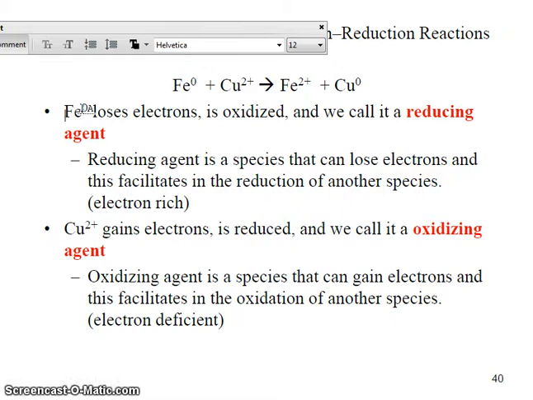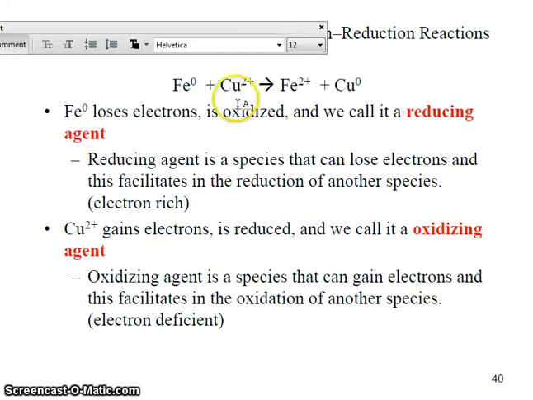That means it itself goes through oxidation, but it reduces other materials around it, and hence you would call it a reducing agent. So a reducing agent can be defined as a species that can lose electrons, go through oxidation, but facilitate reduction of other species. These kinds of species usually will be electron rich. So metals, neutral atoms, are good candidates for this because they can easily lose electrons.